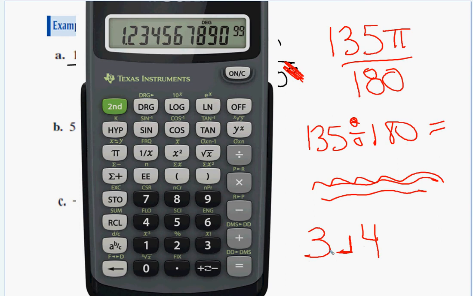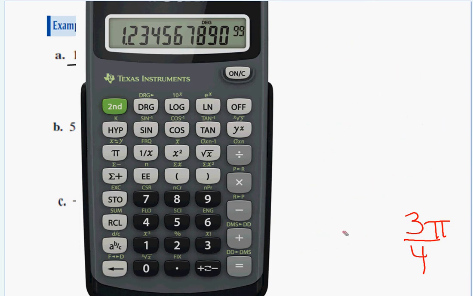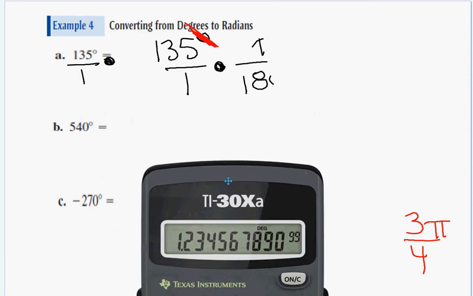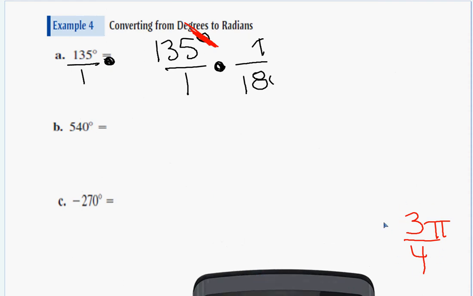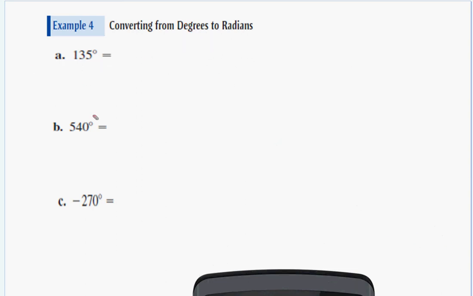So that's 3/4. 135 over 180 reduces down to 3/4, and then don't forget we have to put that pi back on there. 3/4 pi radians. So there's our conversion. 135 degrees is the same thing as 3/4 pi radians. Let's do it again.